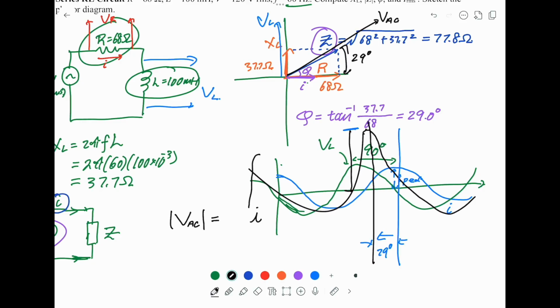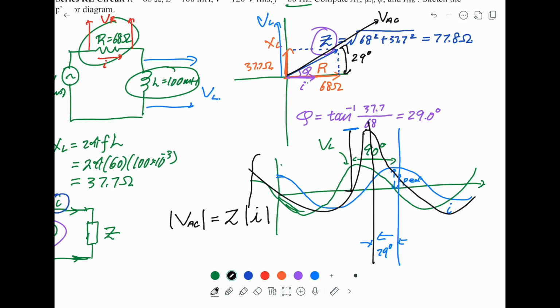If you are given the root mean square value, you can use the root mean square value. It doesn't matter as long as we know their consistency. And of course, they are in sort of 29 degrees shift to each other in terms of the phase.